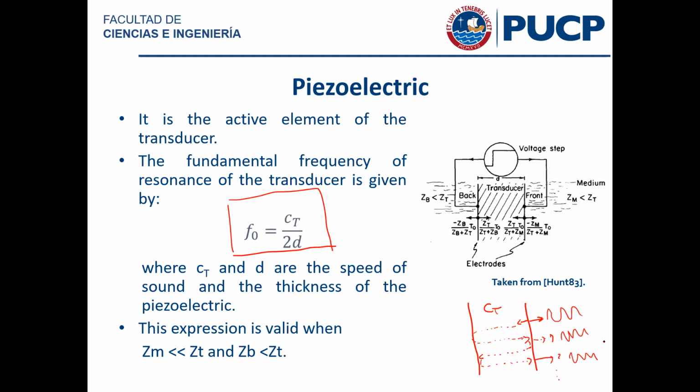In order for those reflections 1, 2, 3 and so on to constructively interfere with the first wave that was transmitted, the one in here, let's call it 0, right? In order for all of these to constructively interfere, you need them to be completely in phase, right?